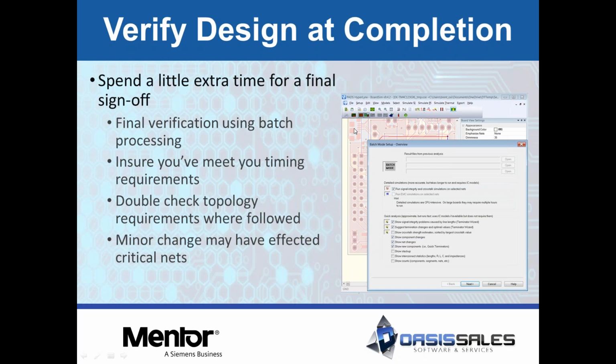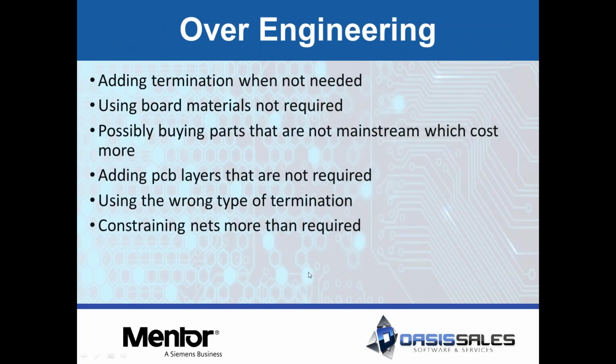And again, we can play around with termination, adding termination on the fly to see if that's a viable solution. So before I produce that first board, I want to make sure that I'm not going to have any SI issues. And I've seen many customers actually go off and do this and have their boards turn out perfect the first time just because they spent a little time and did simulation up front.